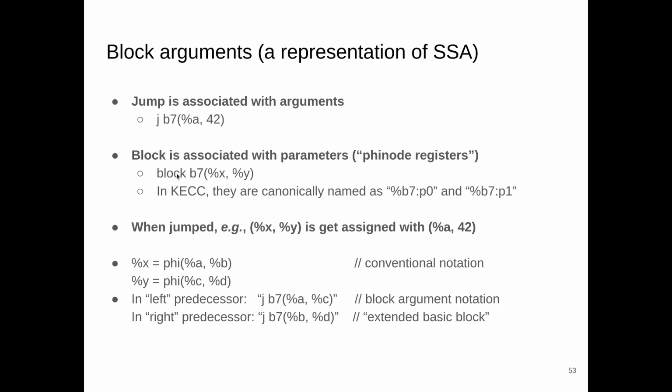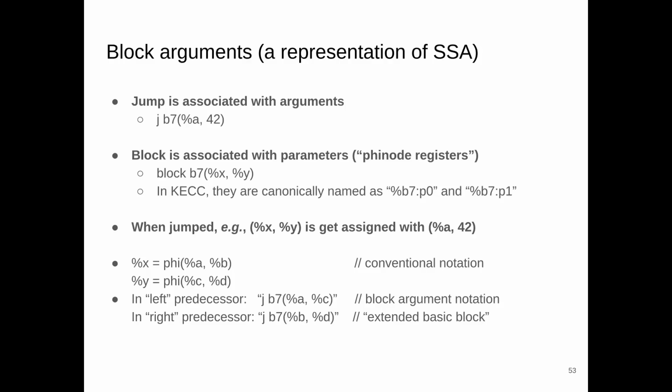For example, let's declare that B7 has 2 parameters, or 2 phi registers, which are called X and Y. And the interesting thing is that when you jump using this jump instruction to B7, the values of X and Y get assigned with A and 42, because the parameters are bound to the arguments given to the jump.